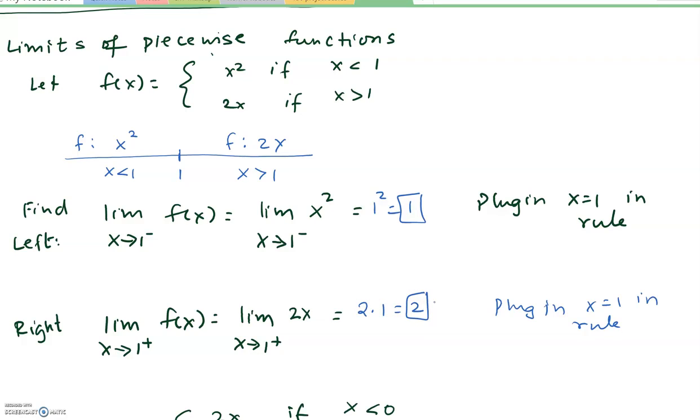So the left limit and the right limit are not equal, but they exist. If the question was to find limit x going to 1 of f of x, then that limit does not exist. A limit exists only if the left and right limits are equal.